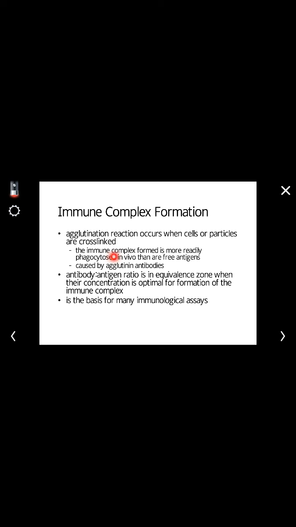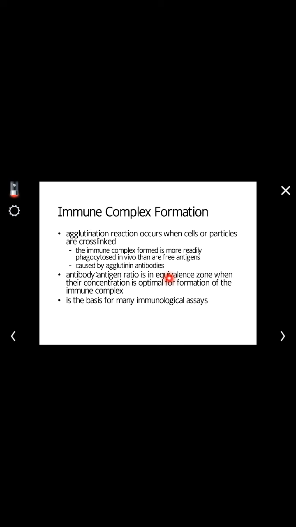So the immune complex formed is more readily phagocytized inside of an organism than are free agents. That's because they kind of clump together so macrophages can come in and suck everything up.